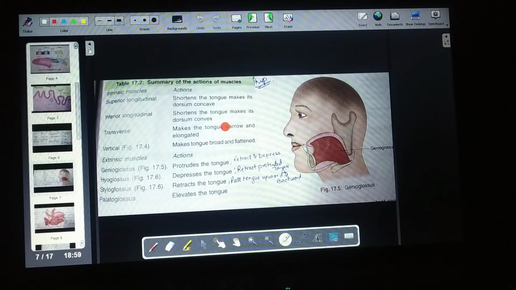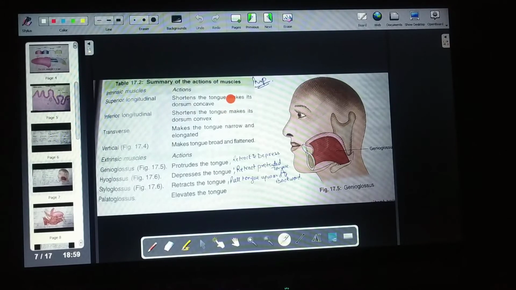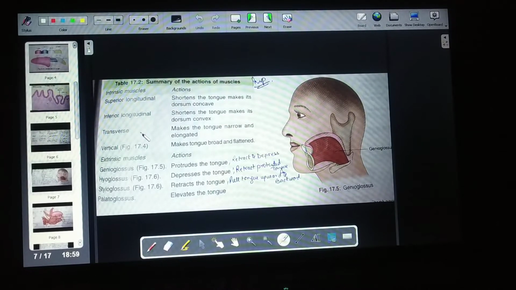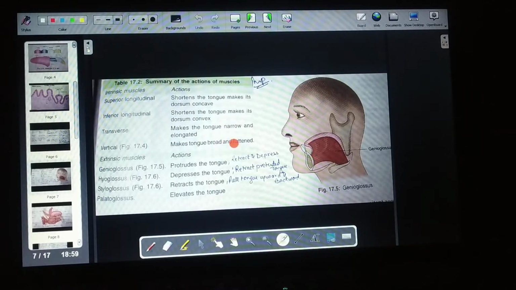Superior and inferior longitudinal muscles both help in making the tongue short, but the superior one helps to concave the tongue, whereas the inferior one helps to convex the tongue. The transverse muscles make the tongue narrow as well as elongated. The vertical muscle makes the tongue broad as well as flat.